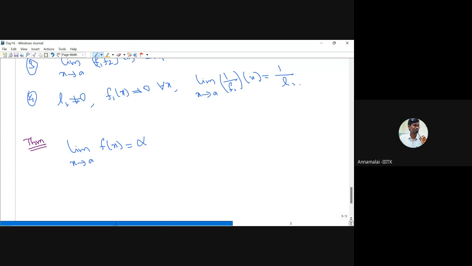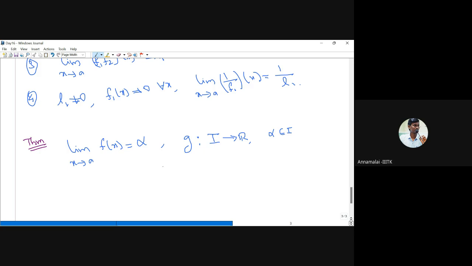And g is a new function defined on some interval I, g from I to R, and this I contains alpha. Alpha should be a member of I. Already f is defined on some J not containing a, but alpha is the limit of f.